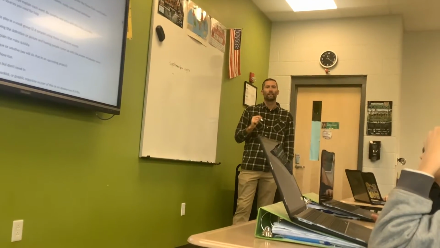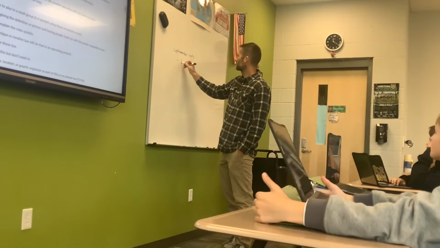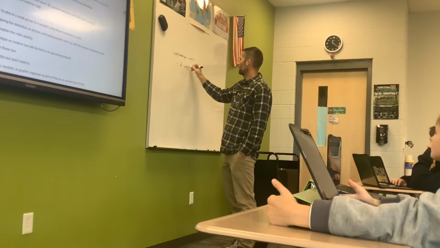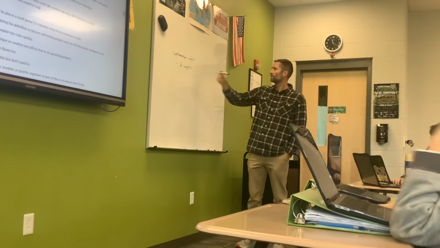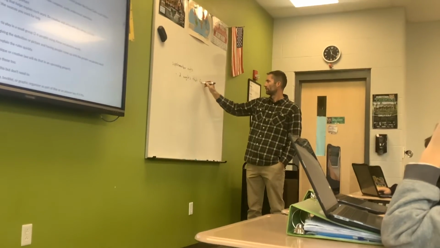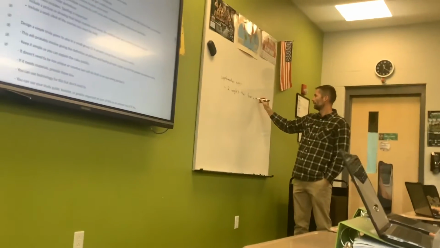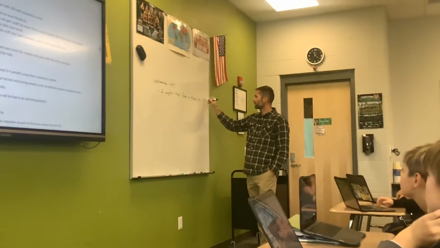Two numbers added together to make 180 degrees. Two angles. If it's 180 degrees, what is that? It's a straight line. Two angles that form a straight line. That could be your definition. Two angles that form a straight line, and then maybe in parentheses, 180 degrees.